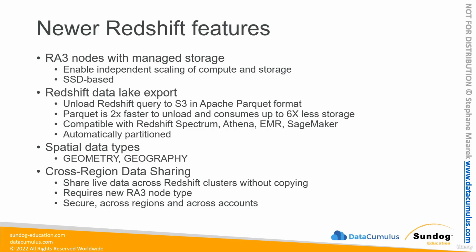So with cross-region data sharing, they've really strove to simplify that as much as possible. So that allows you, again, to share live data across regions. That's a new thing. And even across accounts if you want to, in a secure manner, very easily. To do that, you do need to use that new RA3 node type that we talked about. It's only supported on RA3 node types. So that's a big deal. Cross-region data sharing, new easy way of managing that problem.